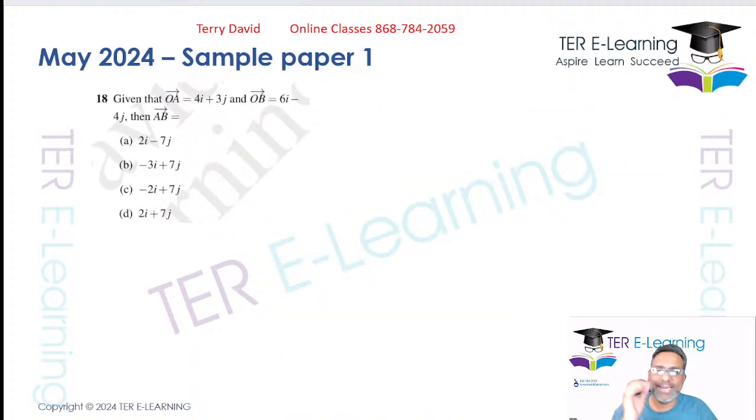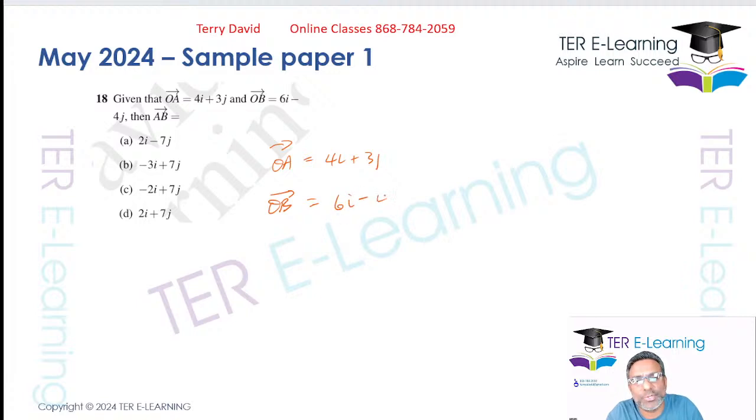All right, question 18 is based on a vector question. We have two vectors. We have OA equal to 4i plus 3j, and the vector OB is equal to 6i minus 4j.